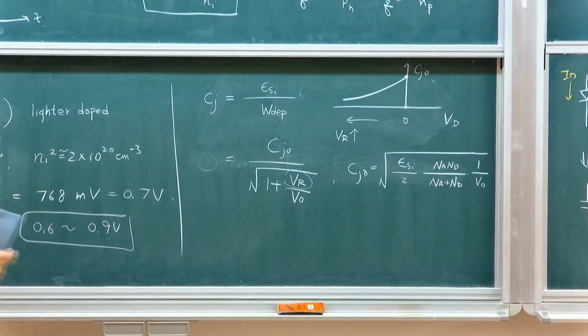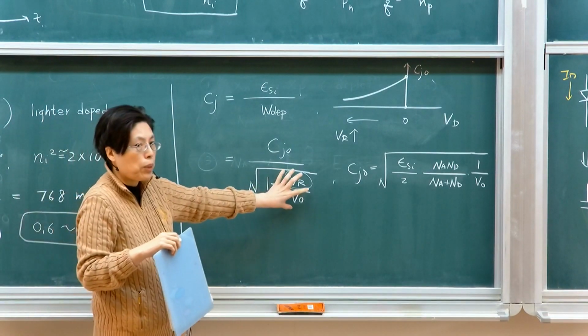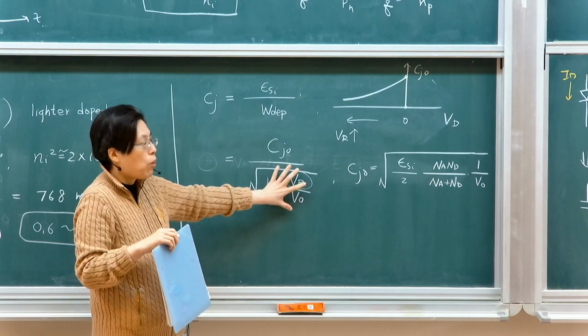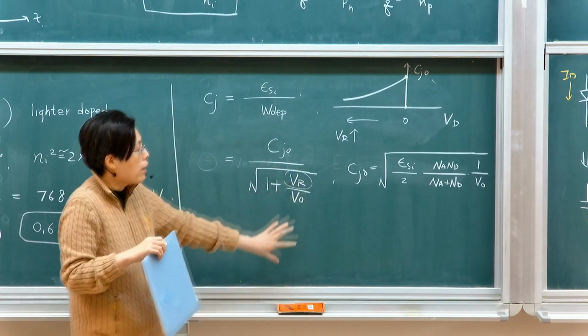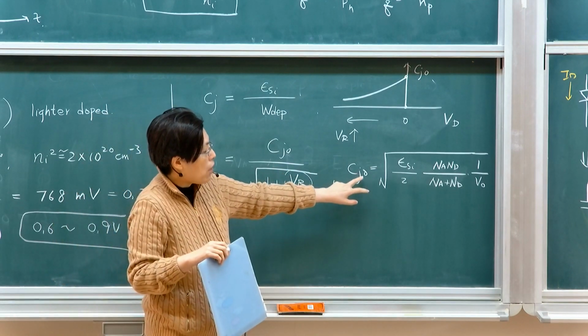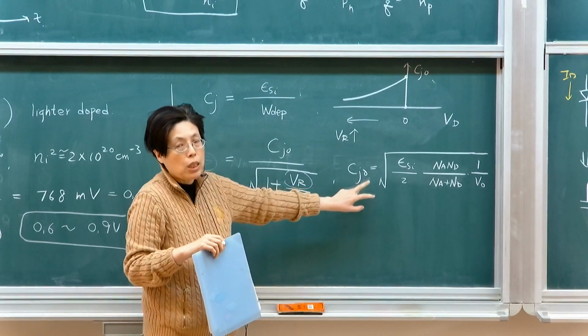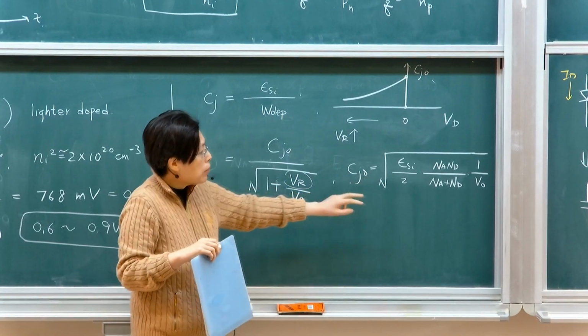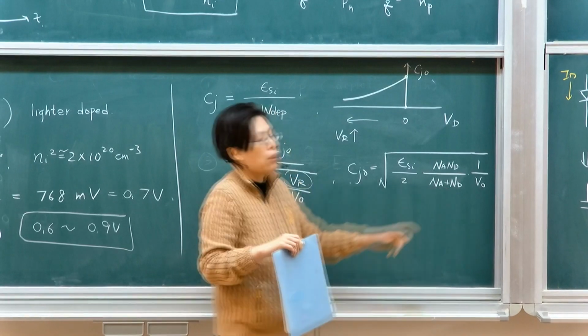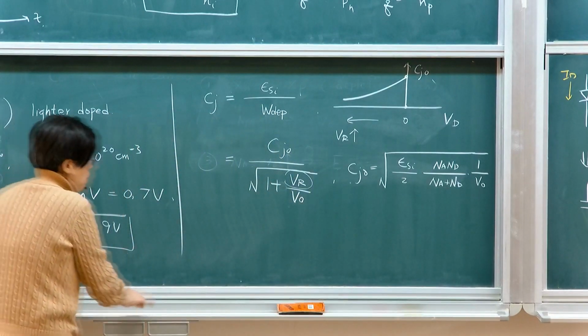There are two things that would affect the capacitance of a junction. Rather than the dependency of how much depletion growth results from reverse bias, if you're considering CJ0, which is at equilibrium, it will then depend on this. So what does this imply?